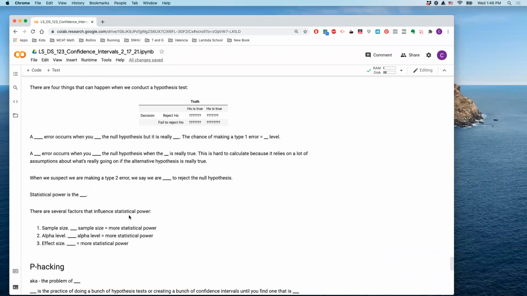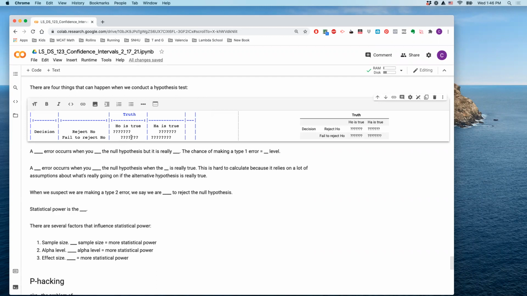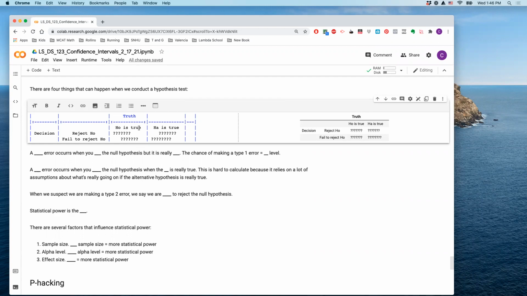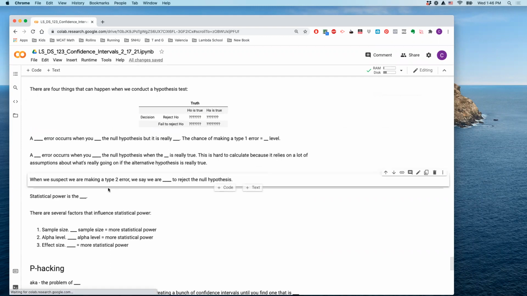When we actually do a hypothesis test, there are 4 outcomes that are possible. Let's do the easy ones first. Out there is some truth about what's really going on: either the null hypothesis is correct or the alternative hypothesis is correct.